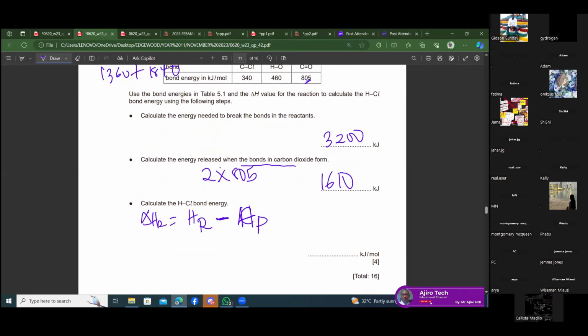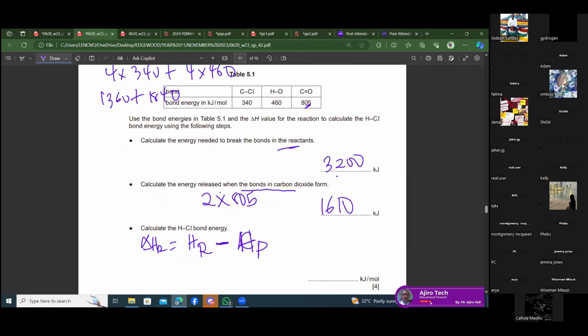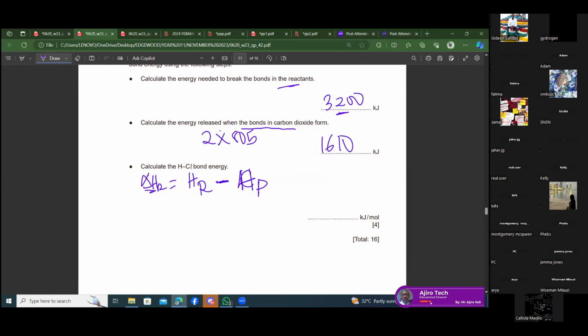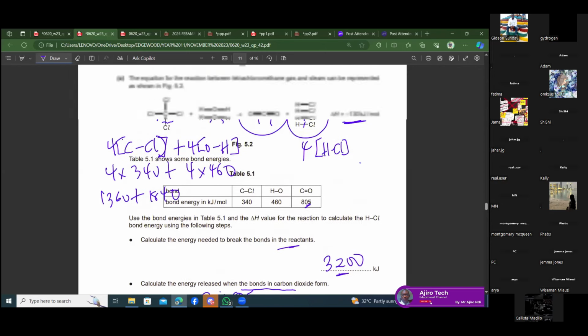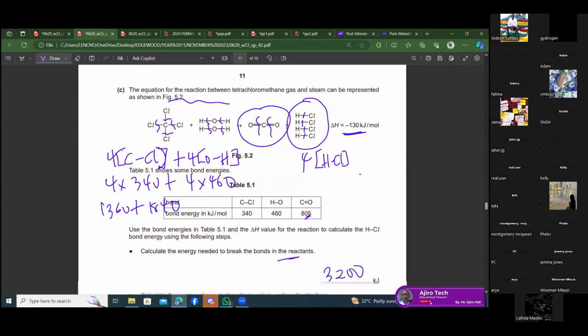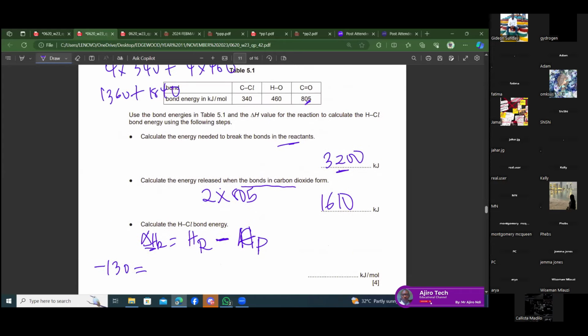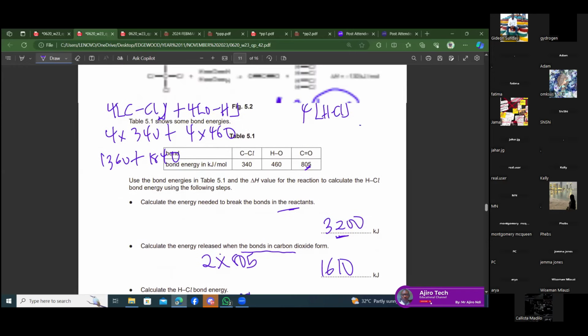The sum of the enthalpies of the reactant was what we did here. And we already know the change in enthalpy of the whole reaction is minus 130. So we just put that there. Minus 130 is equal to the sum of the enthalpies of the reactant, which was 3,200, minus, into brackets now, the sum of the enthalpies of the product.